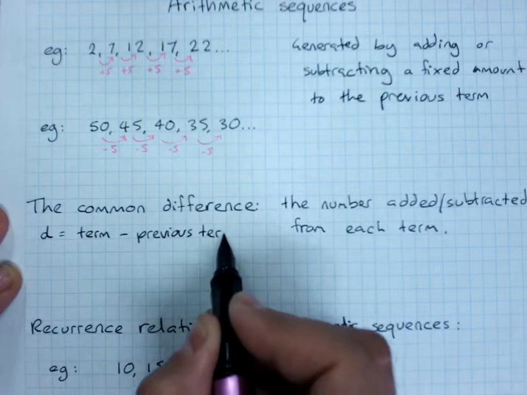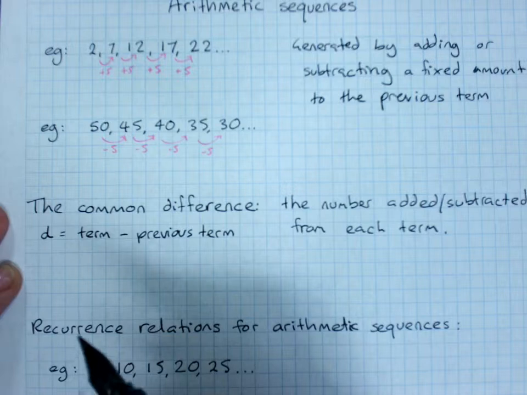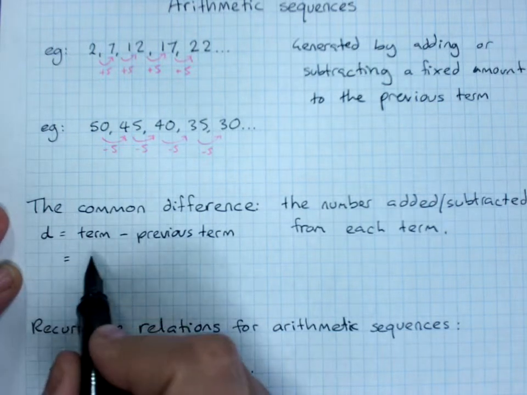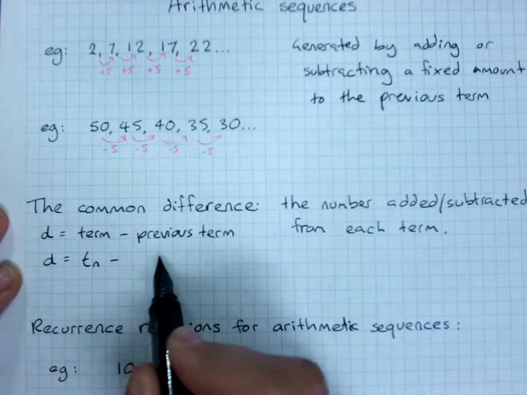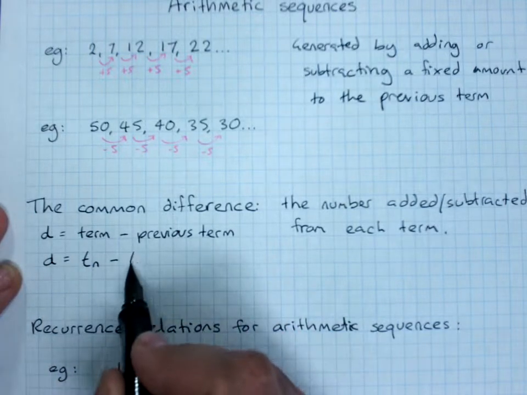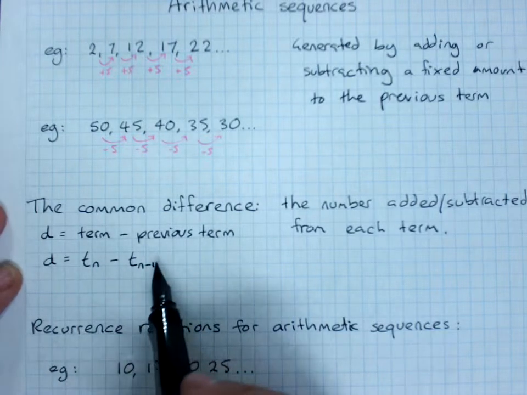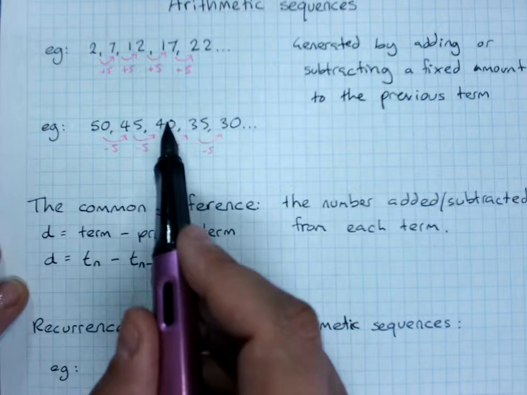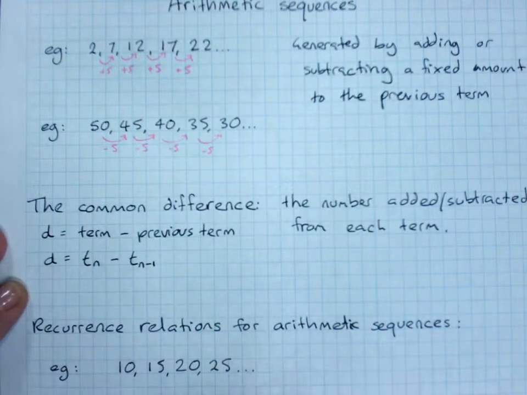Now you'll remember that any term would be Tn, and the term before Tn would be Tn minus 1. So for example, T2 minus T1, T3 minus T2, all of those would give the common difference.